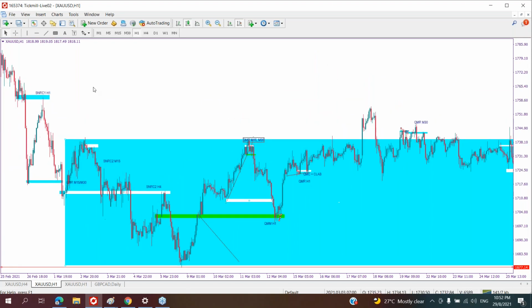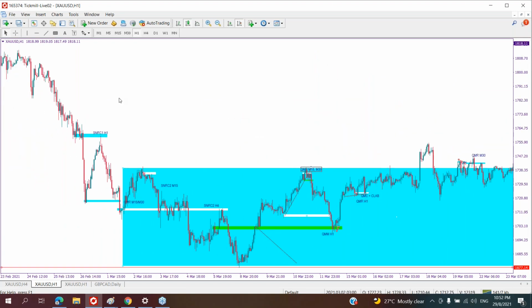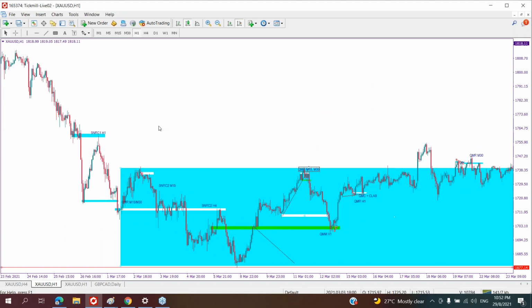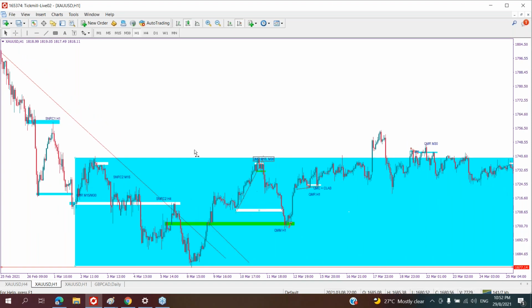But you have to look to the left. Keep looking to the left, to where the price came from, what location. And you can see here price making a downtrend.